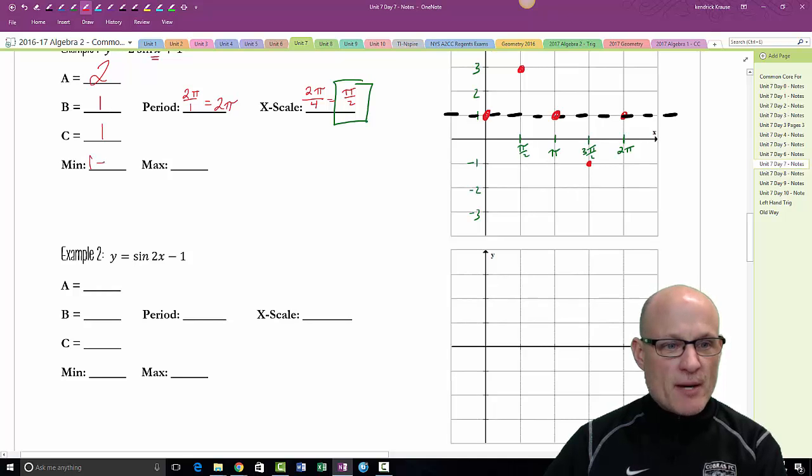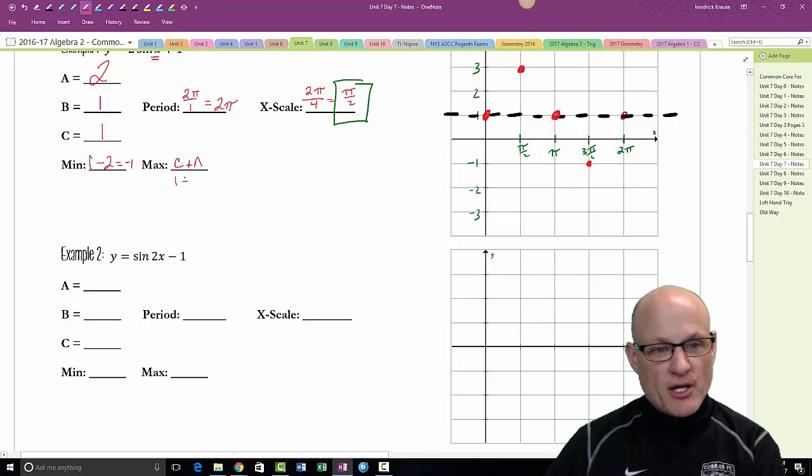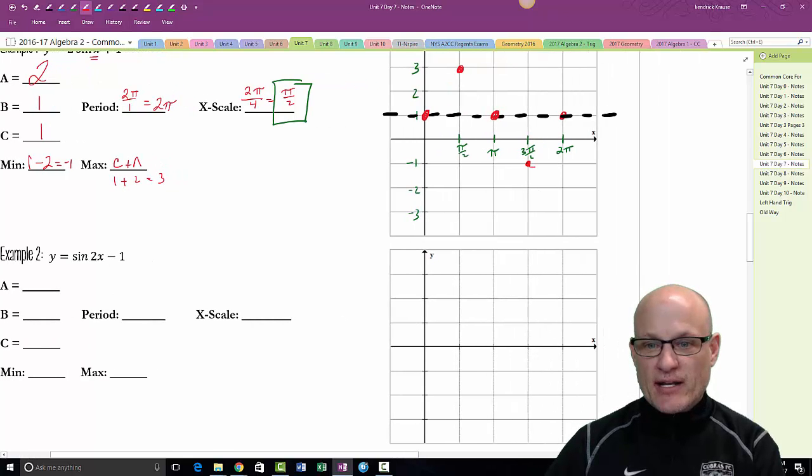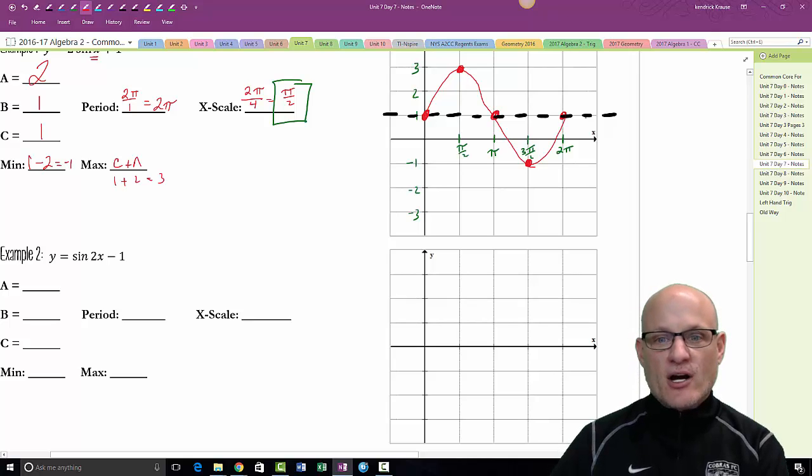So it's C, which is 1, minus the amplitude, which is 2, which is negative 1. And then C plus the amplitude, or 1 plus 2, which is 3. The 3 is fine. It was the negative 1 I wasn't getting at. There it is, lowest value. So lowest value, highest value. And there's our graph over 2 pi.